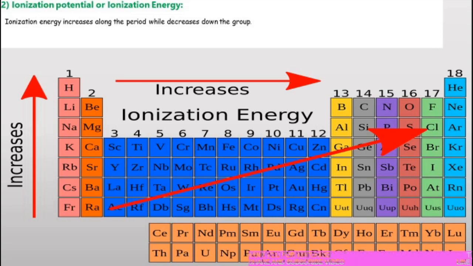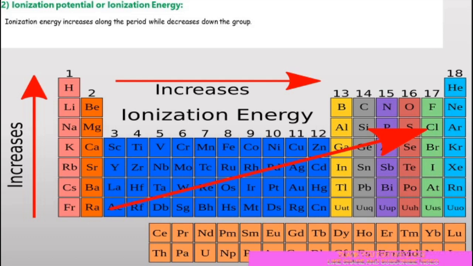Meaning here the energy required to remove that particular electron is more as compared to earlier. So along the period, left to right, maximum energy is required to remove the last valence electron.